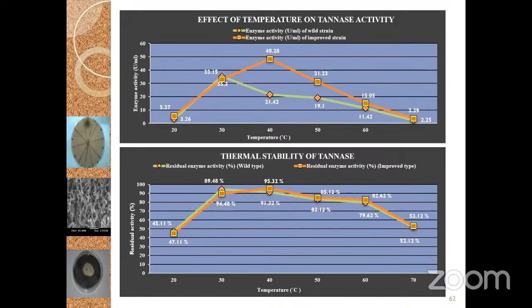With reference to the usage of tannase, this can be used in tannery effluent treatment also. Yes, sir. We can use it for wastewater treatment in the tannery industry, because we can remove the tannin content of that wastewater from the leather industry.